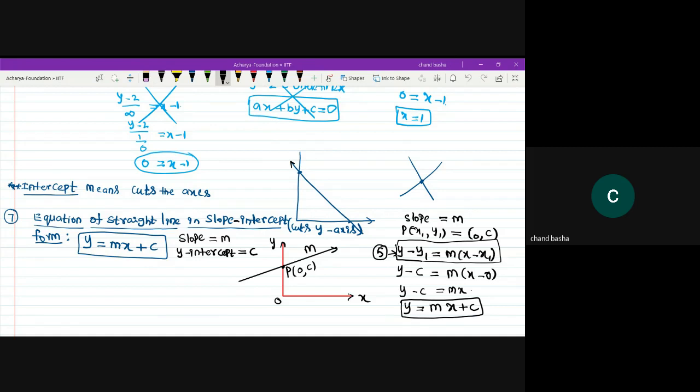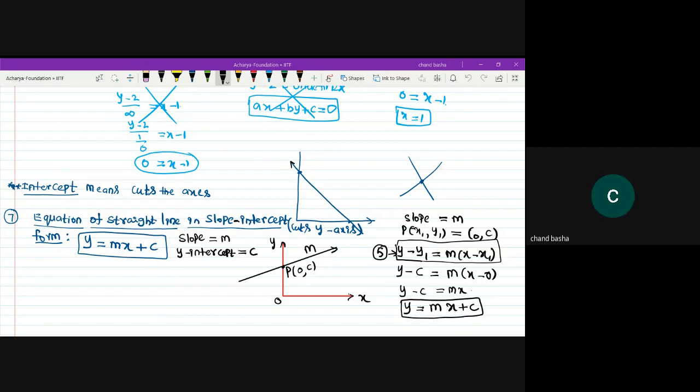Okay, sir. Ranveer, any other doubts? Sir, I have a last doubt. After using y2 minus y1 by x2 minus x1, we will use y minus y1?